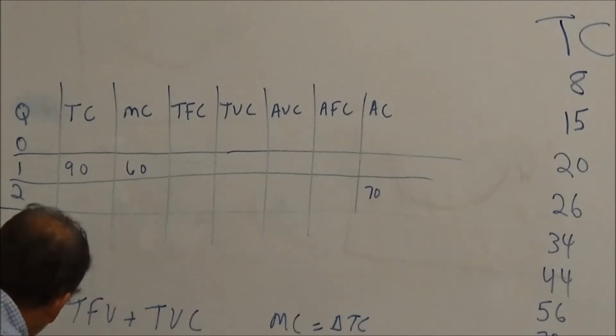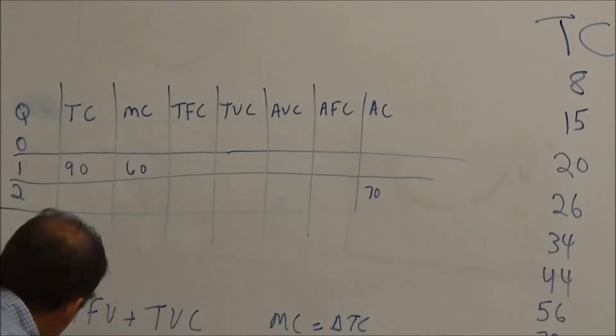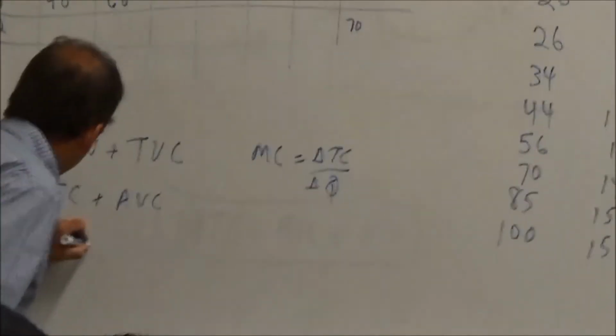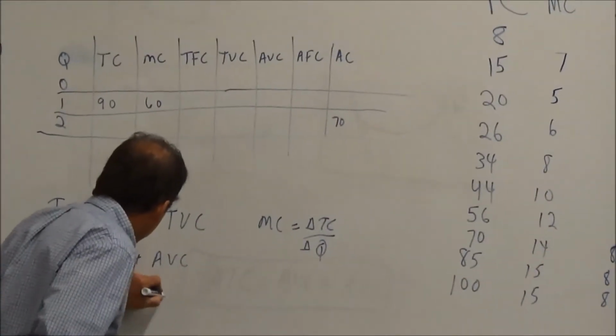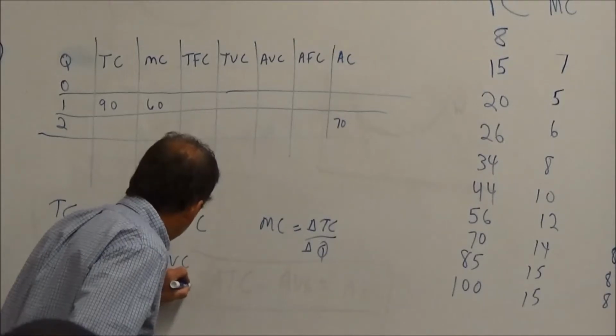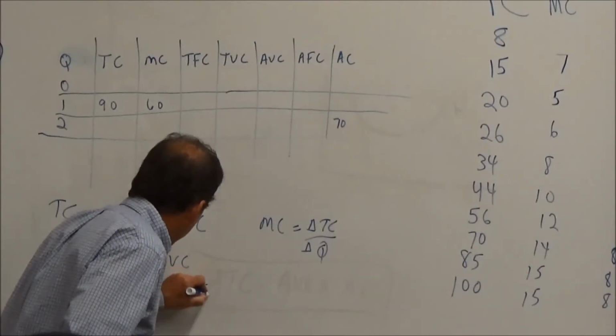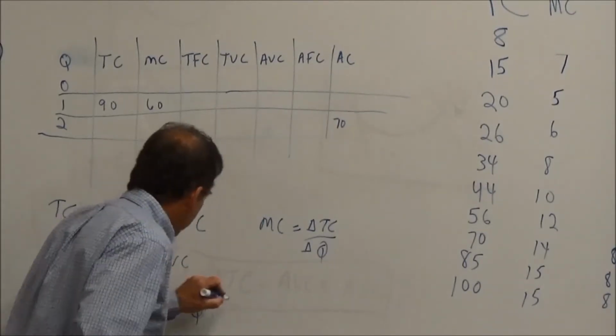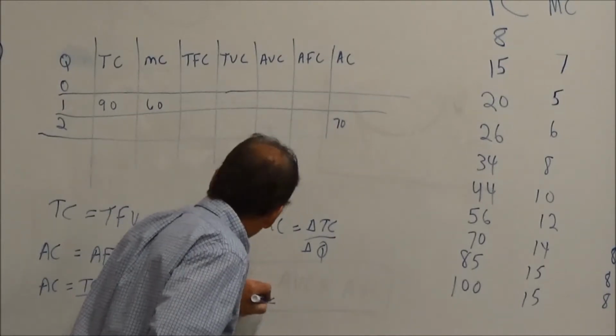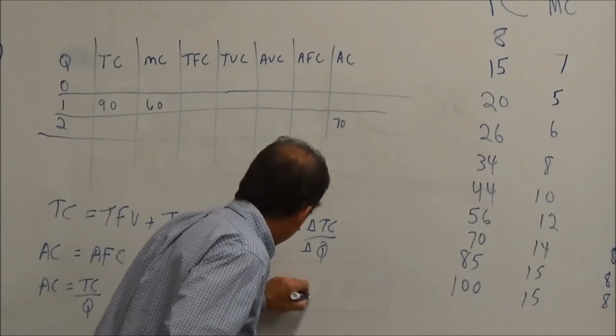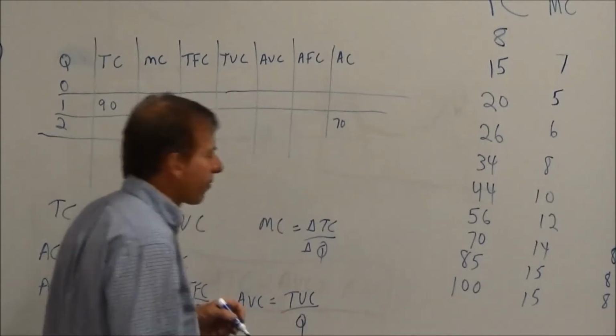Average cost equals TC divided by Q. So you have all the formulas.